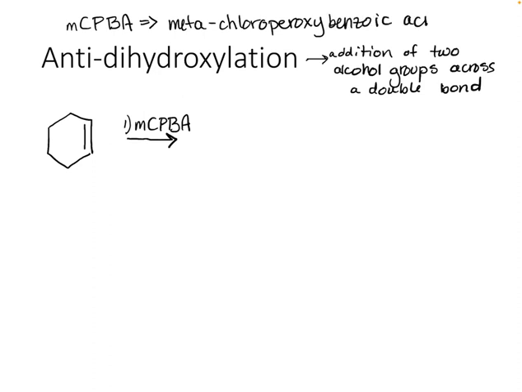So it is a very long name. MCPBA. Meta-chloro-peroxy benzoic acid. But you can just call it MCPBA. That's okay. All right, so the second step involves an acid and water.